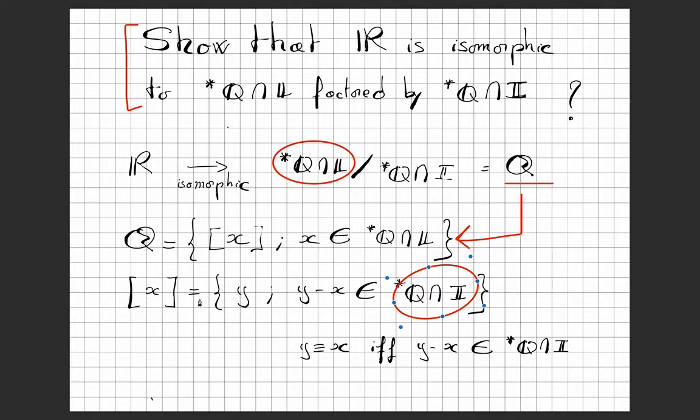So the equivalence class of x is all the elements y such that y minus x is one of those infinitely small hyperrationals. And I'm going to use the notation y equivalent to x to express the fact that y and x belong to this set.